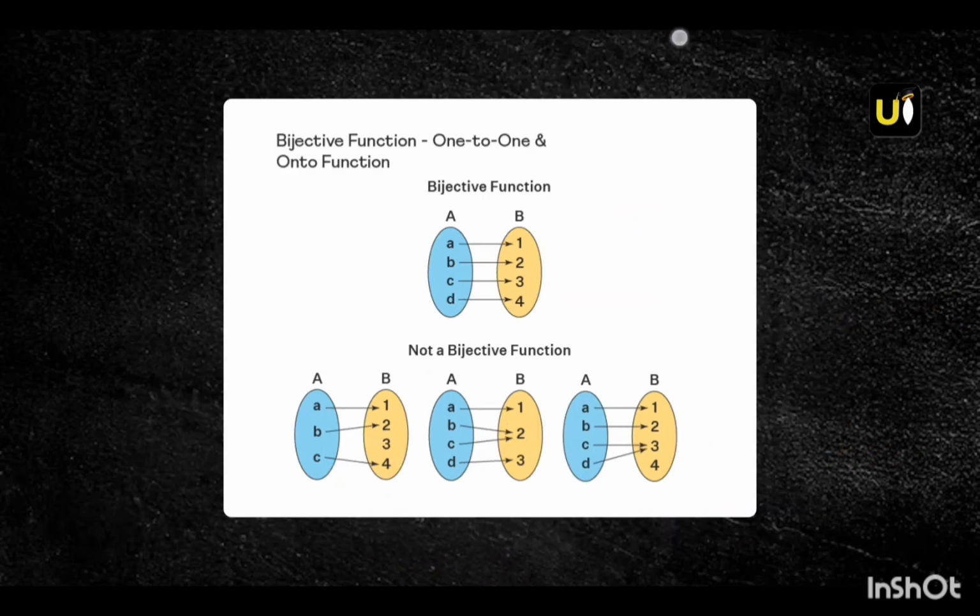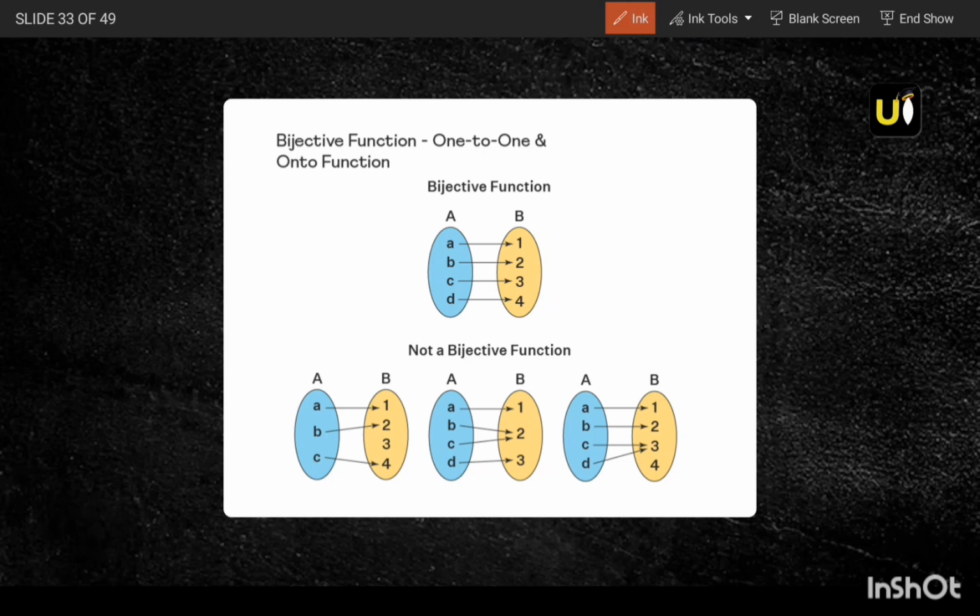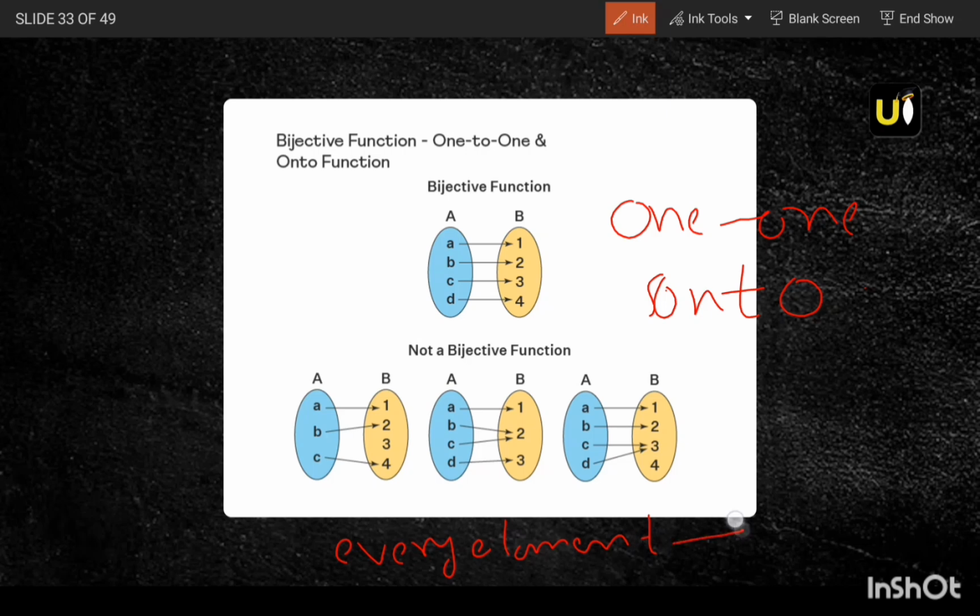Next, bijective function. Bijective function is a function which is 1-1 as well as onto. That means every element in the domain set is mapped to a unique element in the codomain set, and every element in the codomain set has an element in the domain set as well.